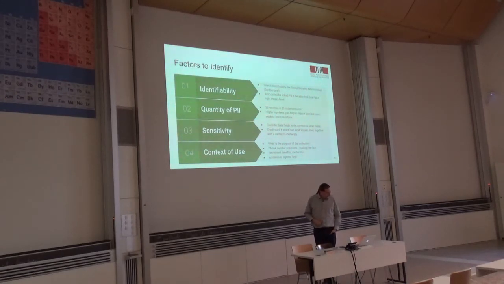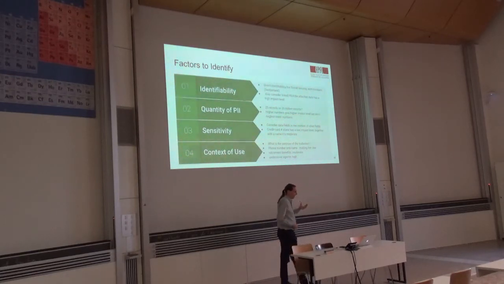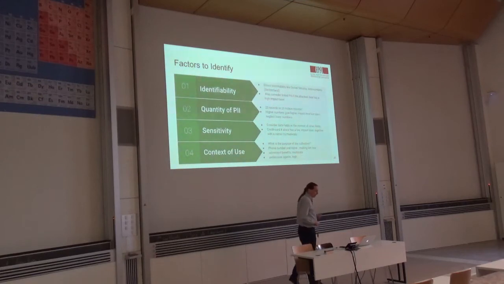And then again, some of the semi-orthogonal factors: the identifiability of the information, like direct identifiability, such as social security numbers, or is the information only potentially indirectly identifiable, such as location information or things like that.